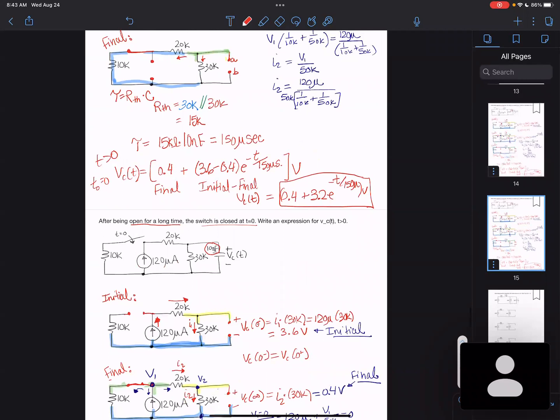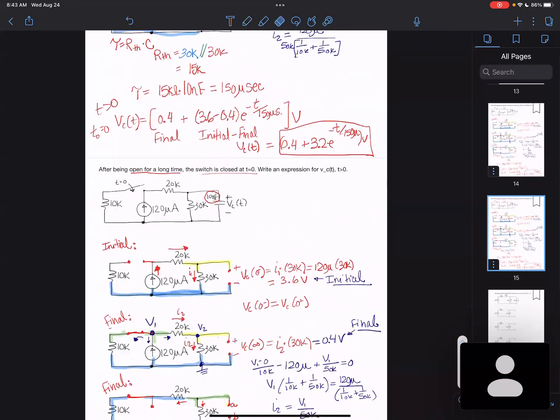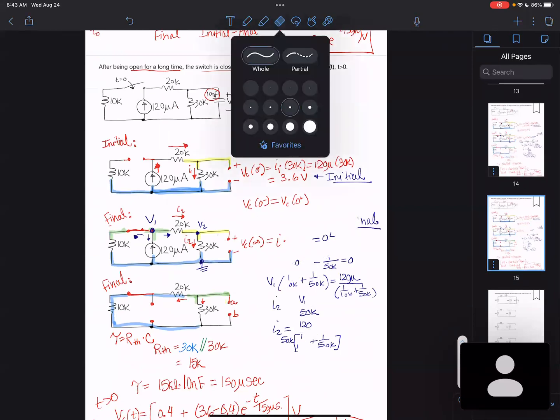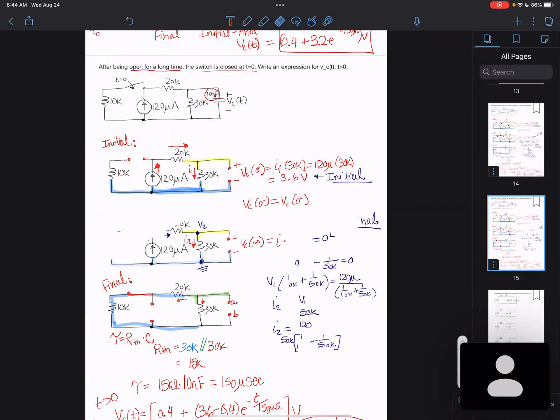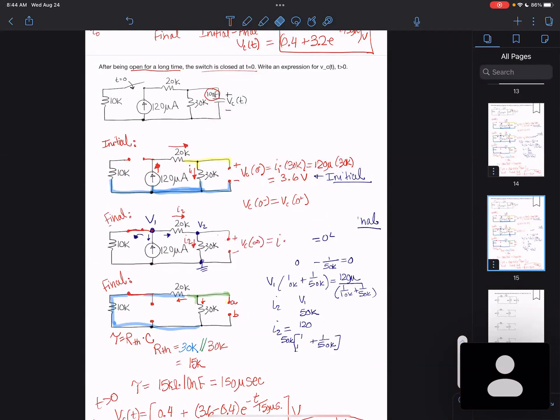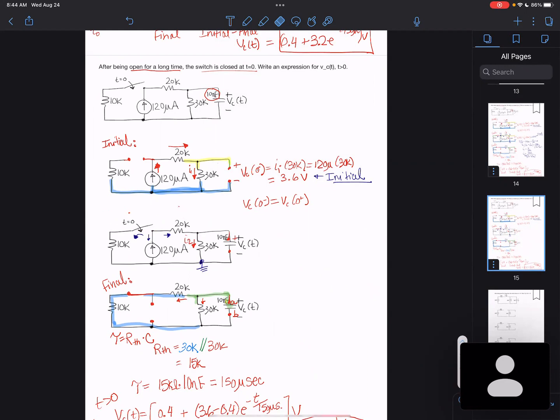Yep. So that is because So 5, 3, 7. there we go.